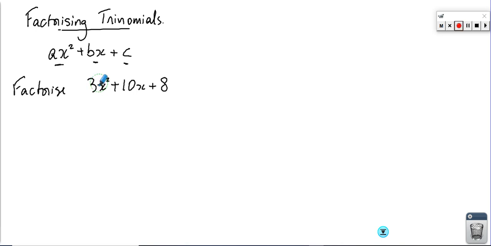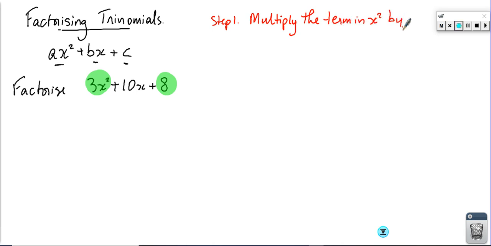Step number one: I'm going to multiply the term in x squared by the constant. So in this case, I have 3x squared times 8. That gives me 24x squared. That's the first step.